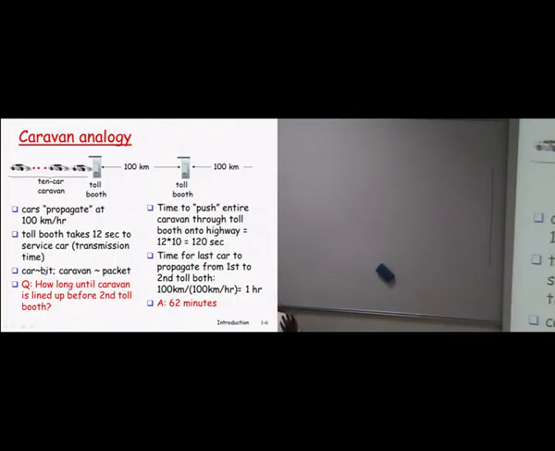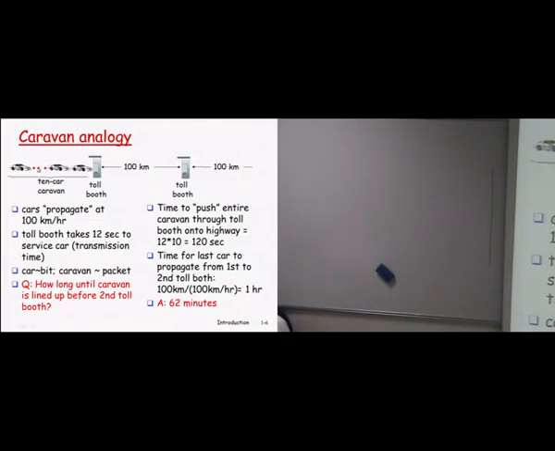How long until the caravan is lined up before the second toll booth? This is the first toll booth. This is the second toll booth. The distance between the two toll booths is 100 kilometers apart. So it is asking: if 10 cars are lined up here, every car will take 12 seconds for its transmission processing and to begin its propagation, its journey, and the distance between the first and the second toll booth is 100 kilometers.